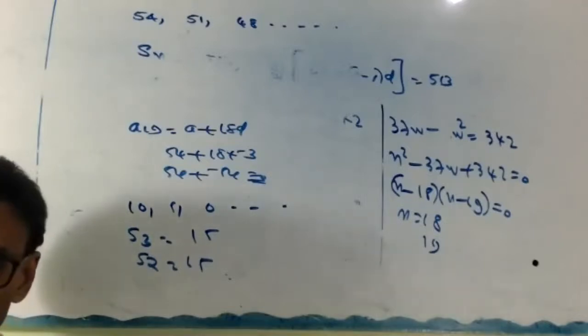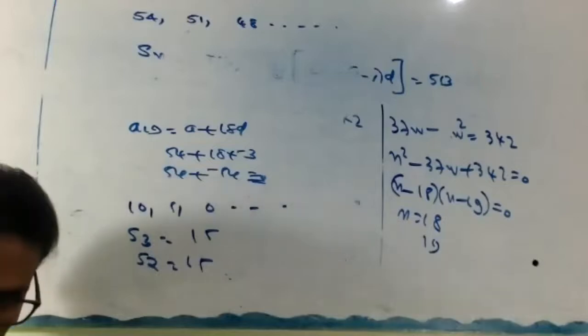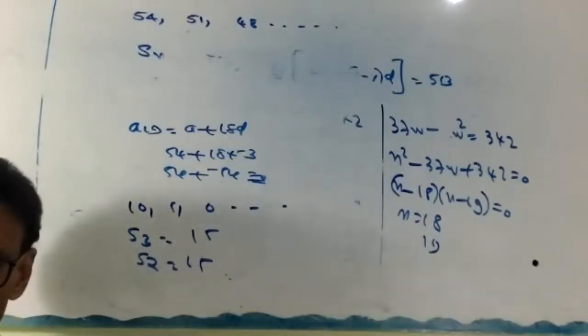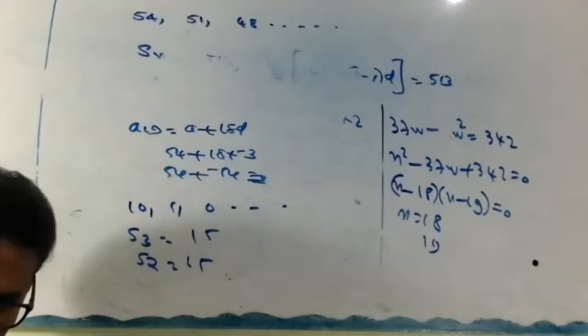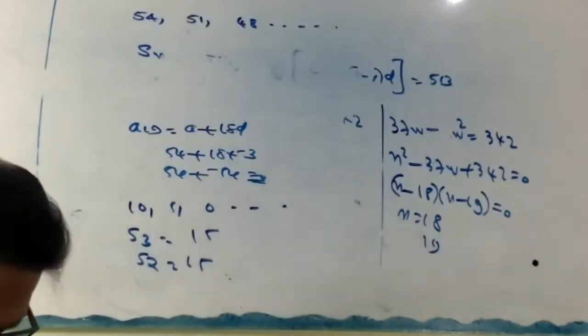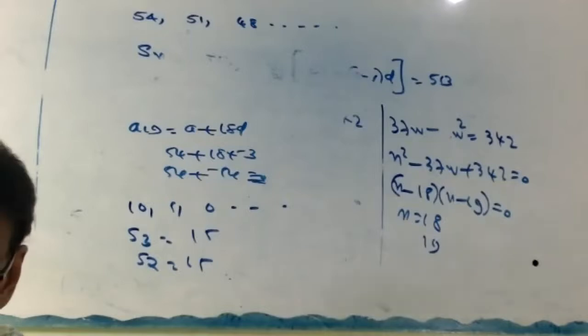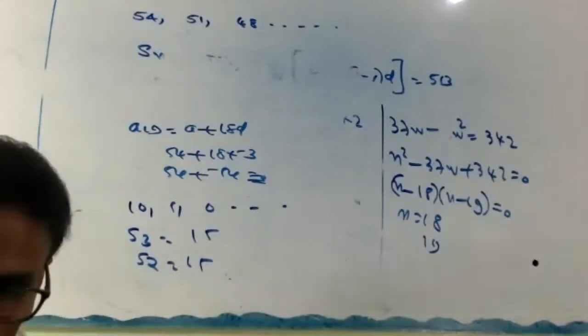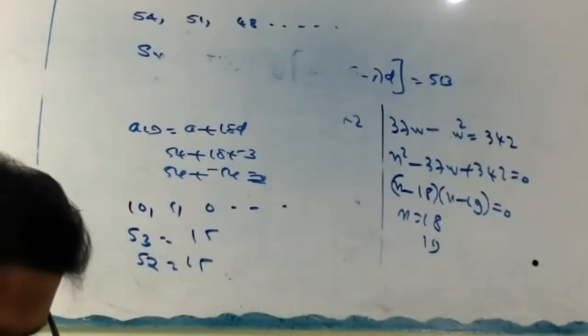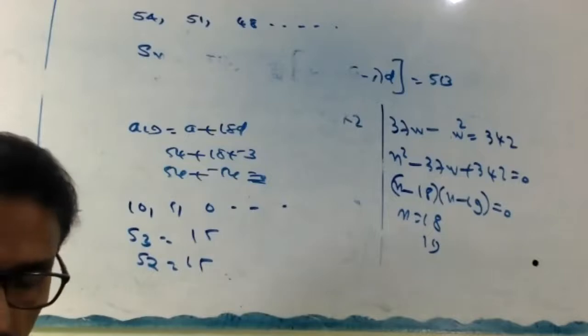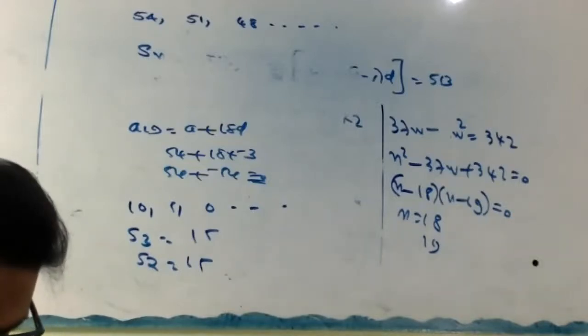How many terms of the AP 45, 39, 33, etc. must be taken so that their sum is 180?